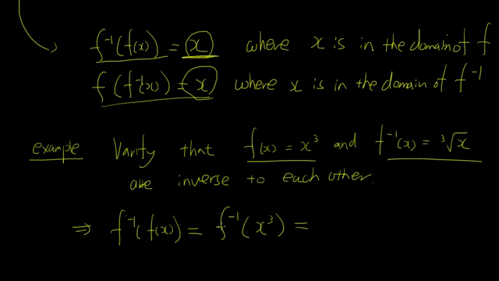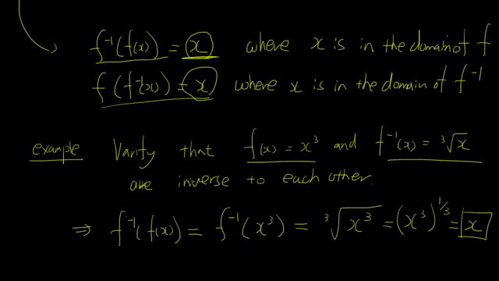Then f inverse would be the cube root of whatever is inside, x to the cube. Now, cube root is the same thing as 1/3 power. These two cancel out. It becomes x. So we prove this is the case.